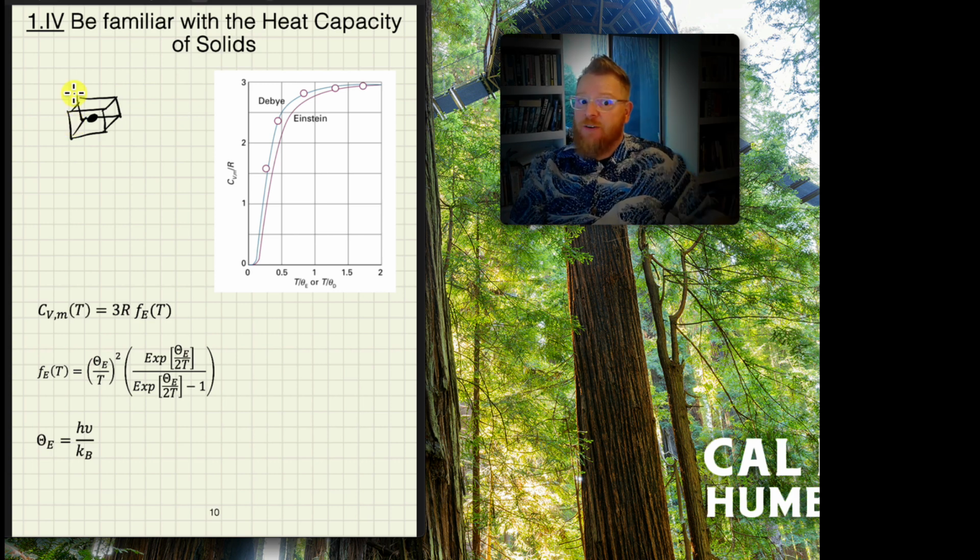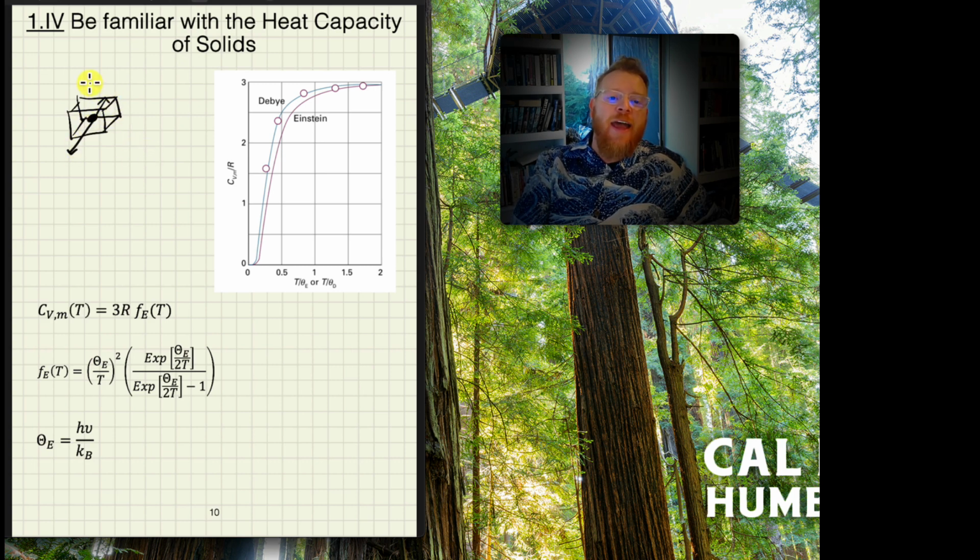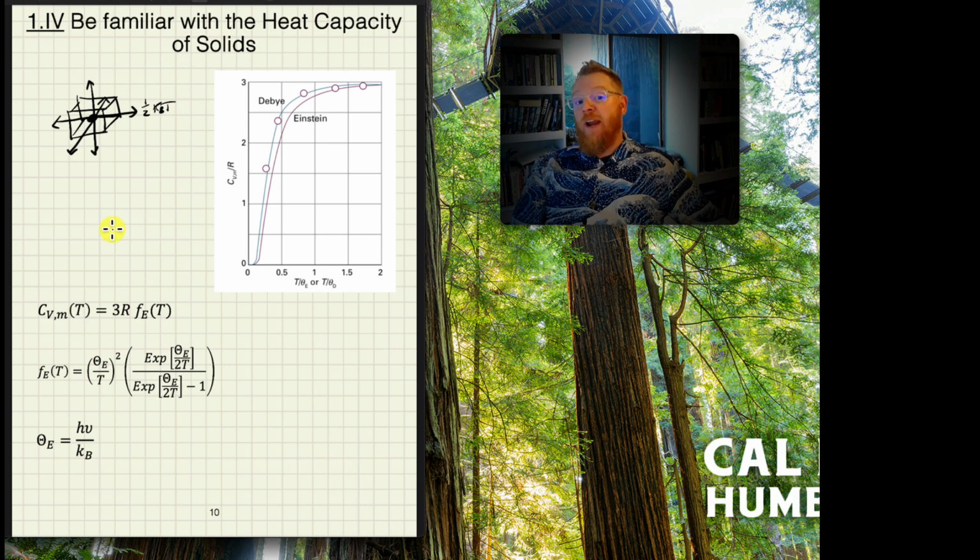So that means when this vibrates in the positive X or negative X, the positive Z or negative Z, or the positive Y or negative Y, those are all going to be unique contributions, 1/2 kBT or 1/2 RT.